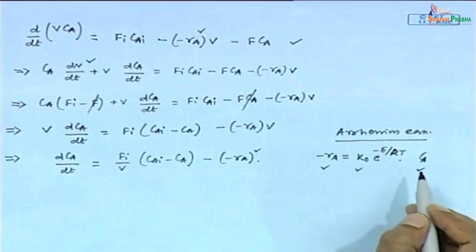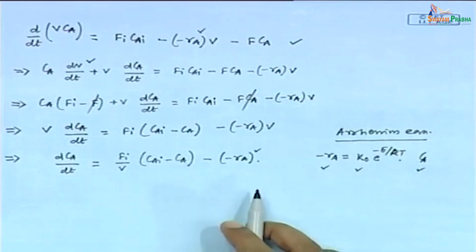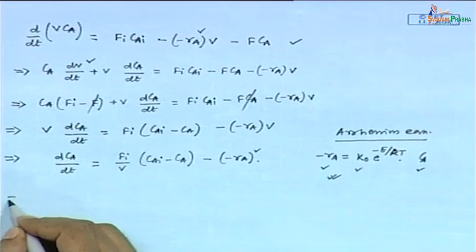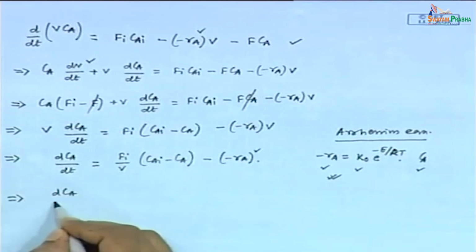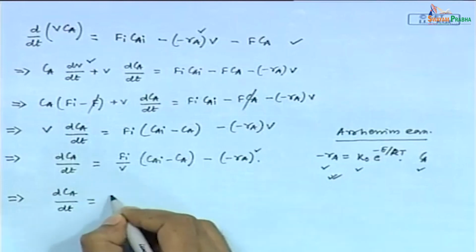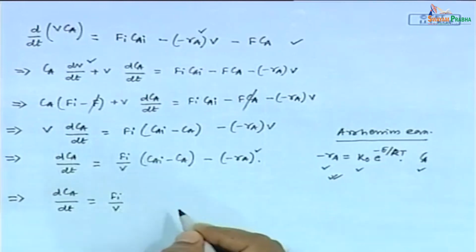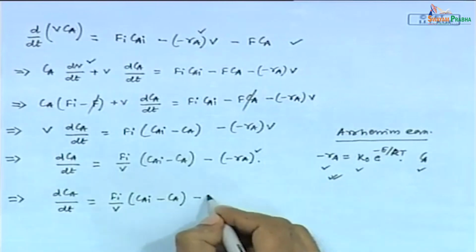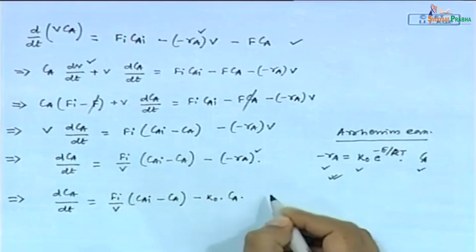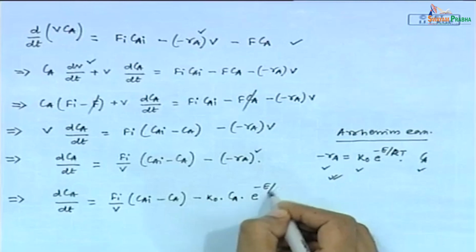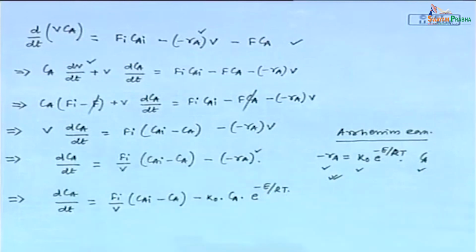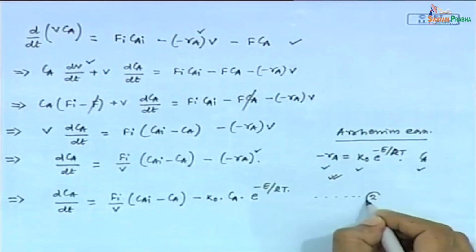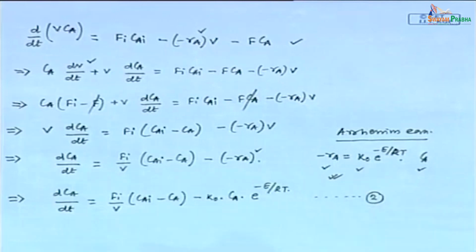E is the activation energy and R is the universal gas constant. If we substitute this reaction rate expression here, then finally we get dCA/dt equals Fi divided by V (Cai minus Ca) minus K naught Ca exponential of minus E divided by RT. So, this is the final form of component mass balance equation.